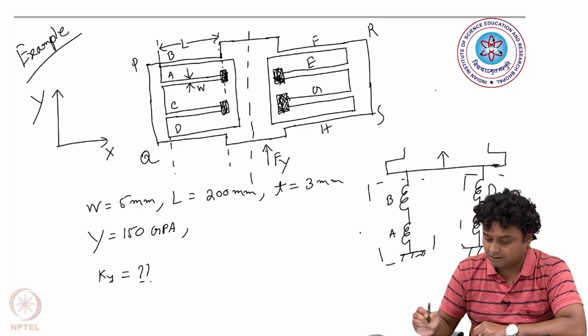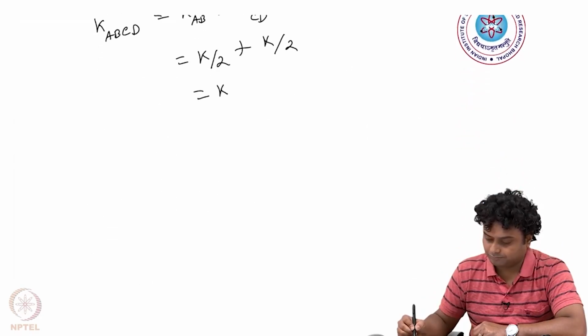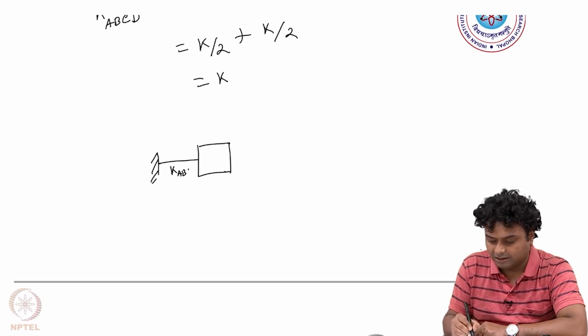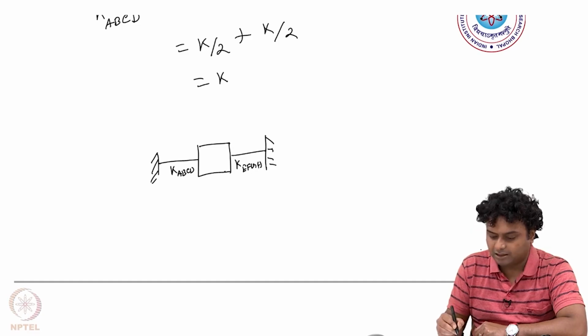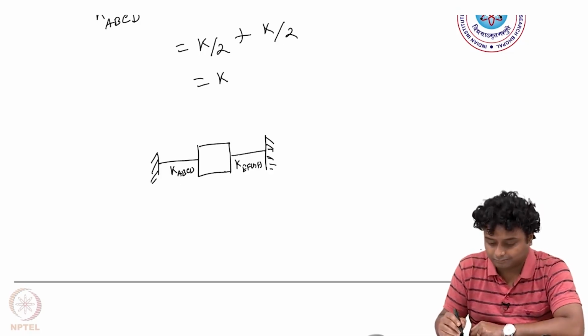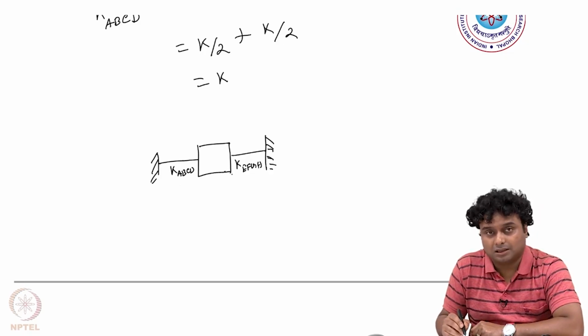Now this is the proof mass, let's say, and on one side it is connected to the beam structure KABCD, and on the other side it is connected to the structure KEFGH, right, and both are fixed at the other ends. How these beams are connected, we already saw in the previous example: these are in parallel connection, because they have the same deflection but the force may be different.